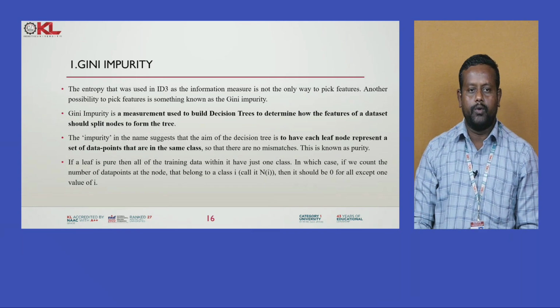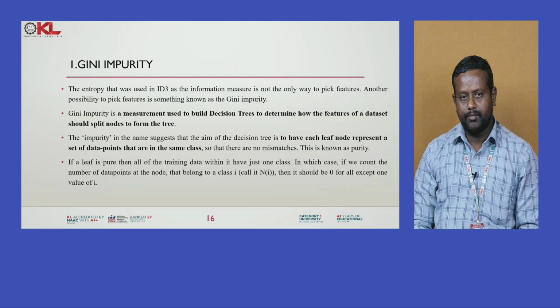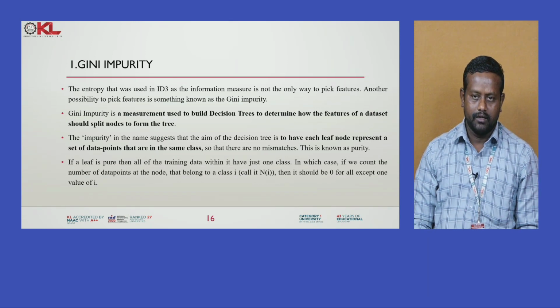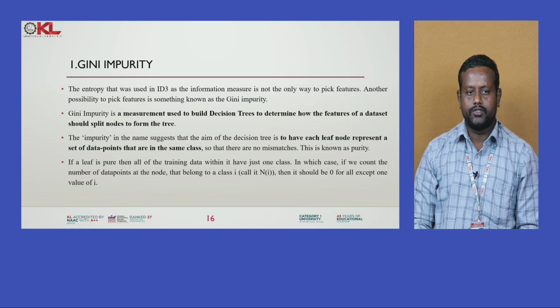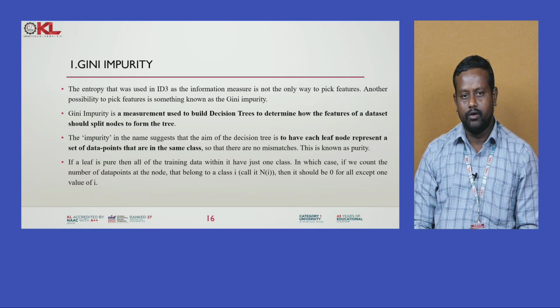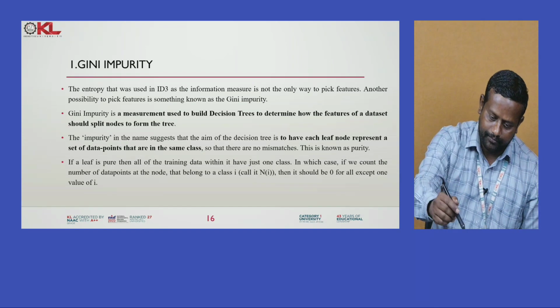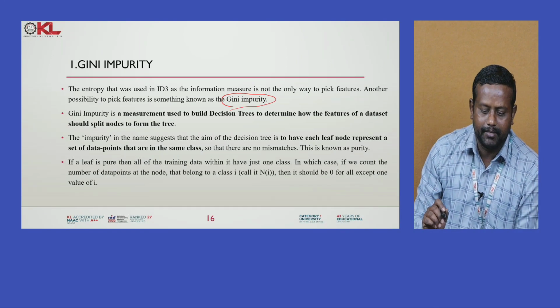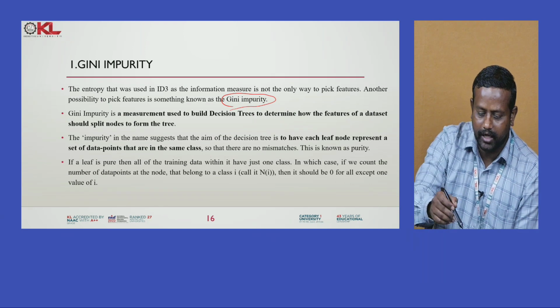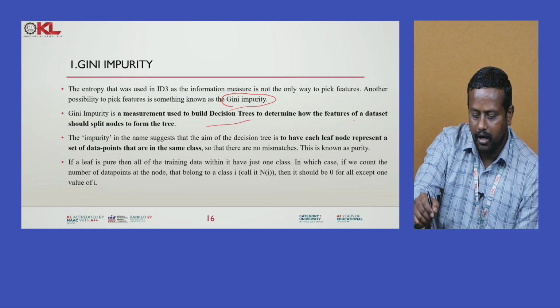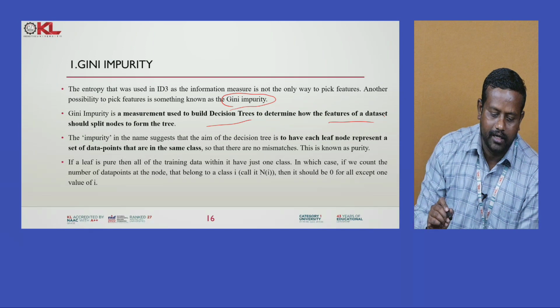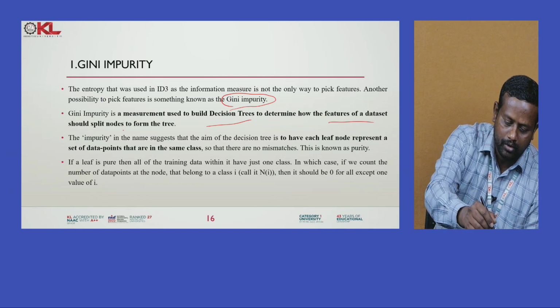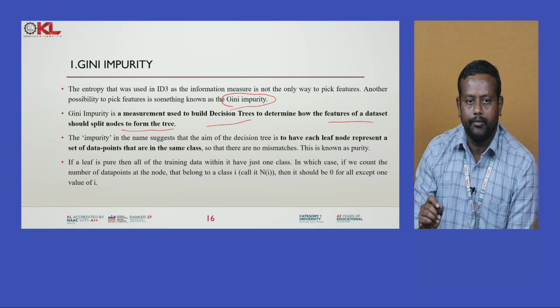The entropy that was used in ID3 as the information measure is not the only way to pick the feature; another possibility to pick a feature is something known as the Gini impurity. Gini impurity is a measurement used to build the decision tree to determine how features of the data set should split nodes to form a tree.